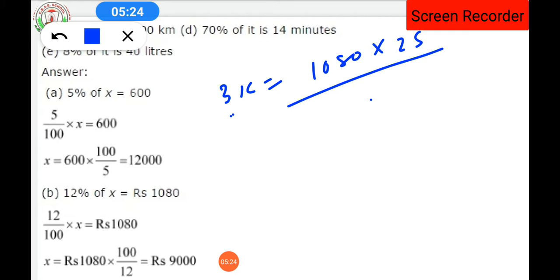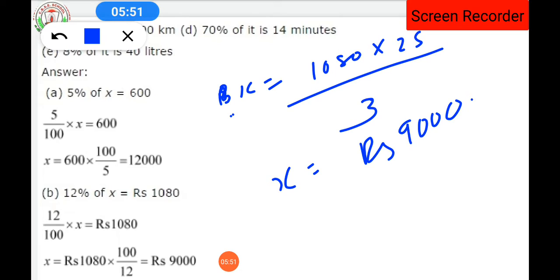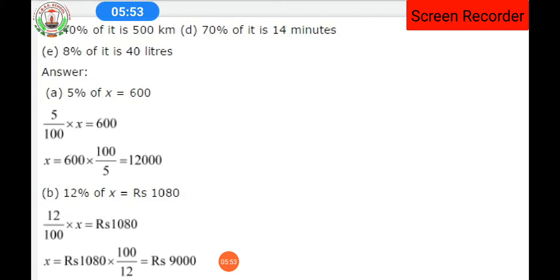So here we can do the calculation, that means multiply 1080 with 25 and that number will be divided by 3, so that the value of x you will get as rupees 9,000. Clear up to here? Understood?